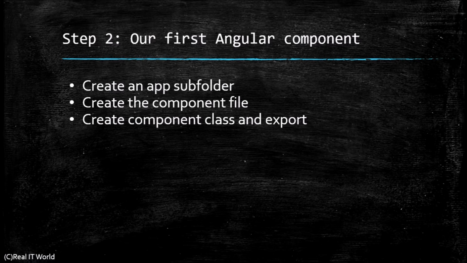Like this, here also we need to build our first Angular component. This is the core Angular app component. For that, we first need to create an app folder in our project.